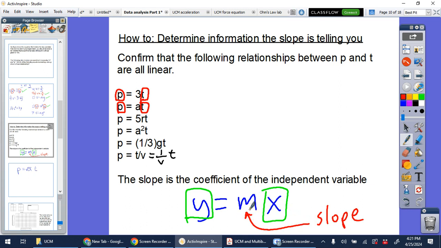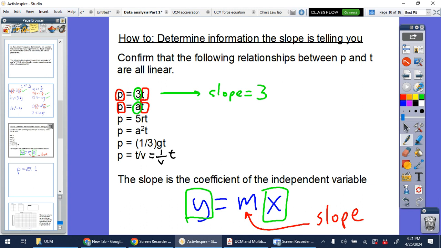You need to take this pattern to these equations. I see the y variable and the x variable here. So when I look at this equation, I look at what's being multiplied by the x variable. I'm going to use a green circle to represent the slope. You see right there, the slope is definitely represented by 3.